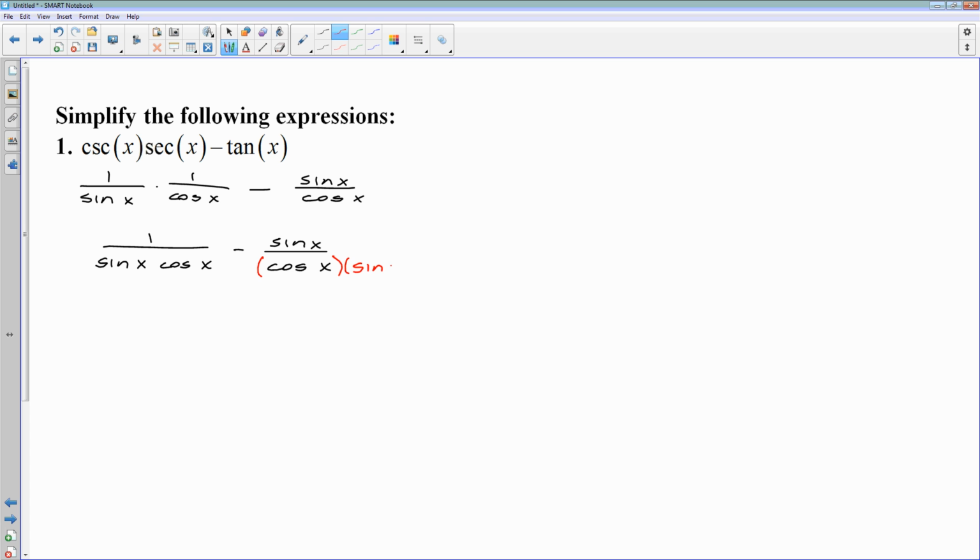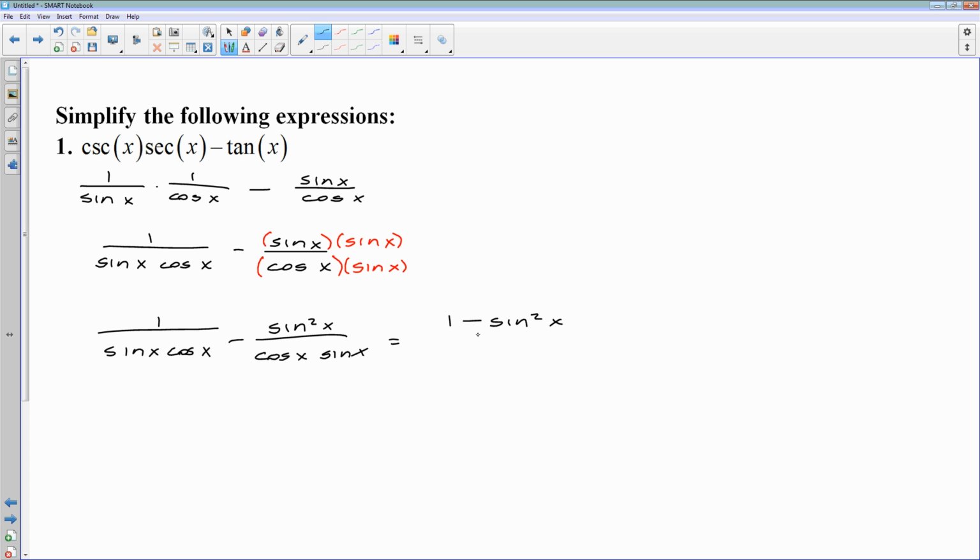So I'm going to multiply top and bottom of the second fraction by sine x, which gives me sine squared x over cosine x times sine x. The first one I didn't change, 1 over sine x times cosine x. Now that I have a common denominator, I can combine it into 1 minus sine squared x all over cosine x times sine x, or sine x times cosine x. It really doesn't matter.